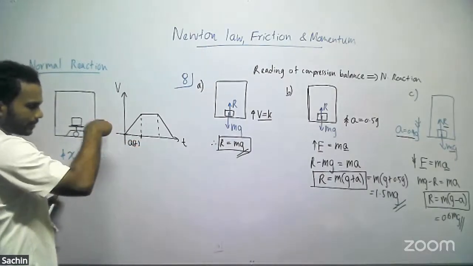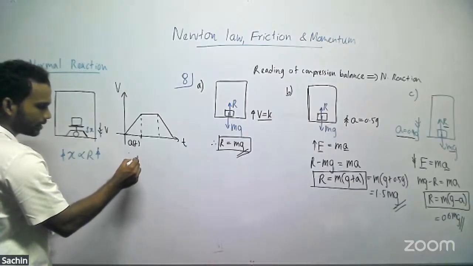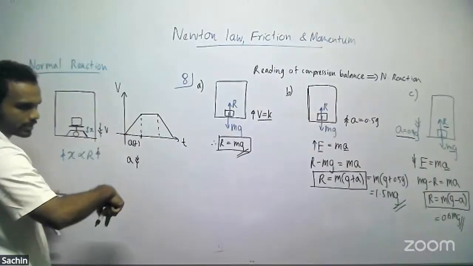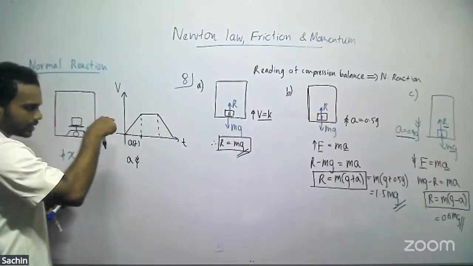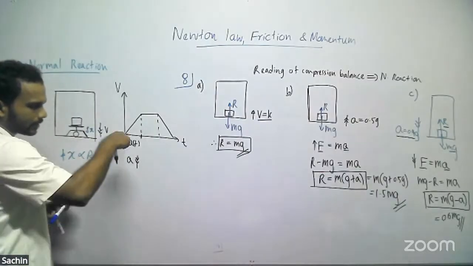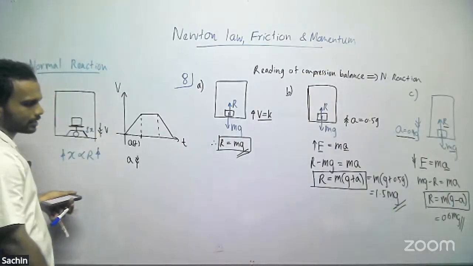The graph is given for downward motion, so in the first interval there is an acceleration downwards, because positive acceleration means downwards.